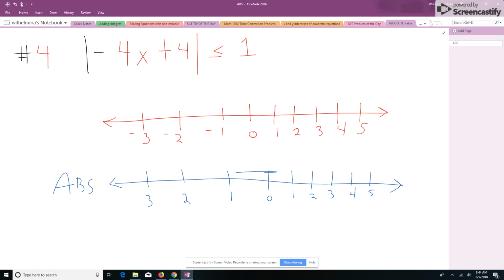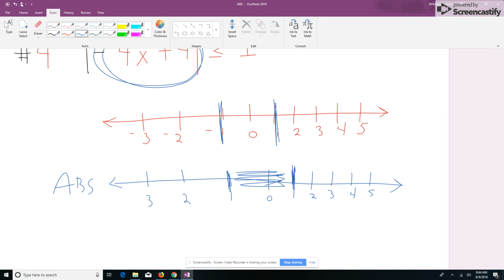So this area is where the absolute value would be equal to 1 or less than 1. And this area is 1 and negative 1. So that means that this stuff in here could equal 1 or it could equal negative 1. All right, that's the background information.